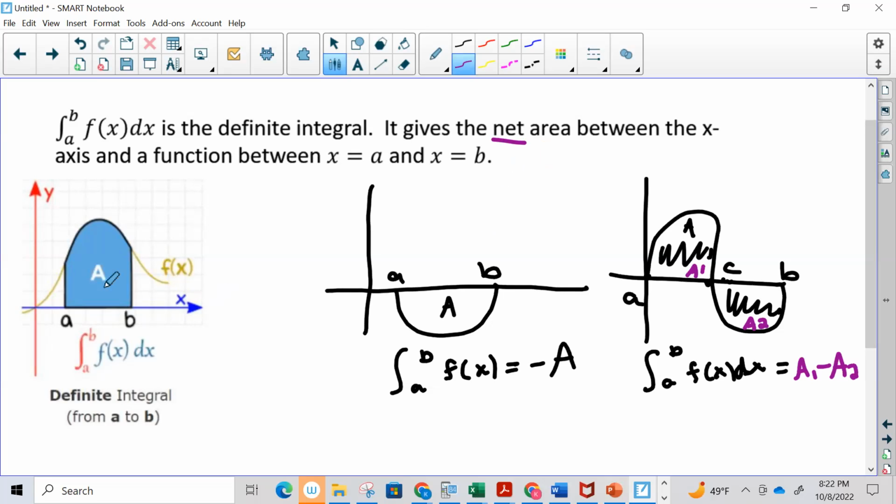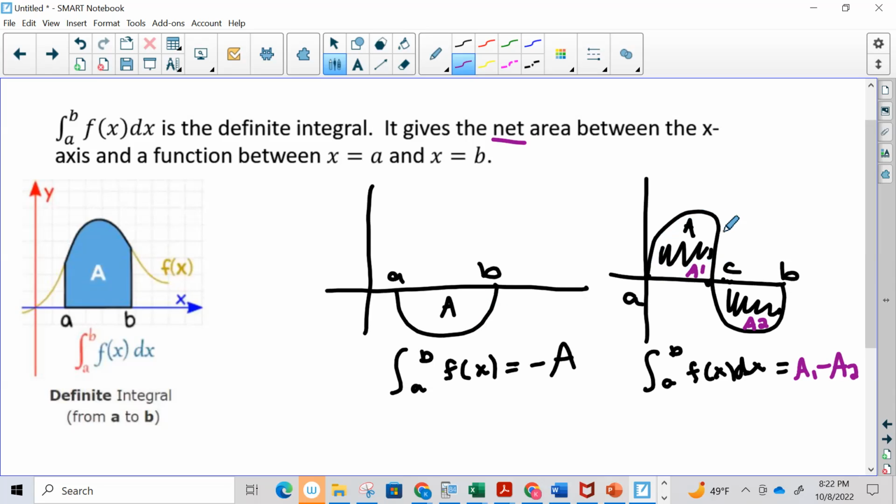Net area considers any of the regions between the curve and the x-axis that are above the x-axis as positive, and any of the regions that are below the x-axis are considered negative. So if I say A is my area, the definite integral would be the negative of A, because it would be negative.